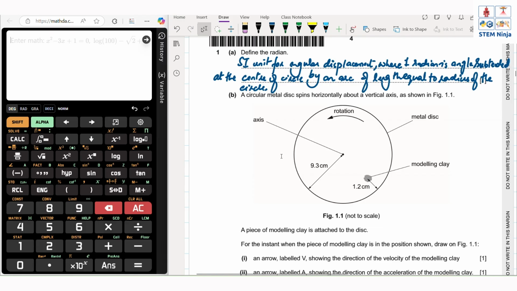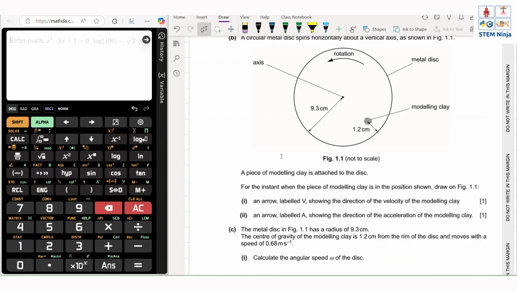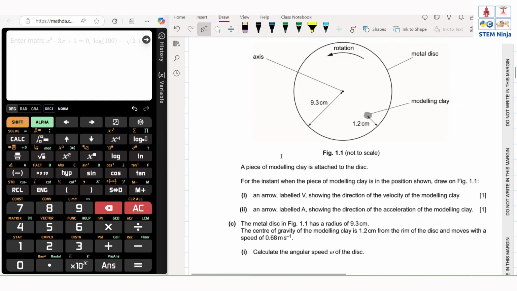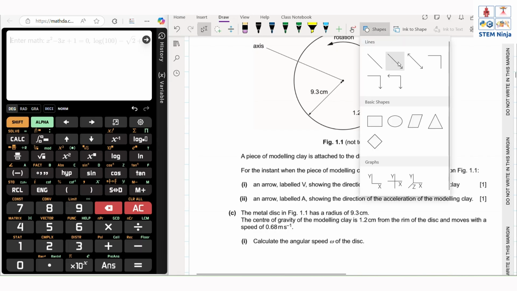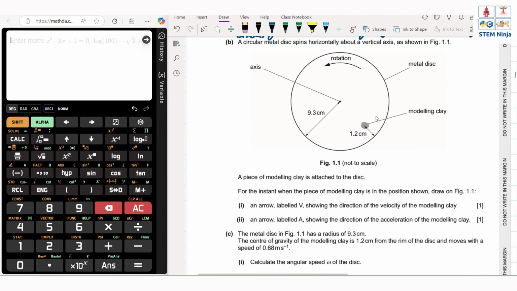A circular metal disk spins horizontally about a vertical axis, as shown in the figure. A piece of modeling clay is attached to the disk. For the instant when the piece of modeling clay is in the position shown, draw an arrow labeled V showing the direction of velocity of the modeling clay. It's rotating this way, so velocity would be going this way.